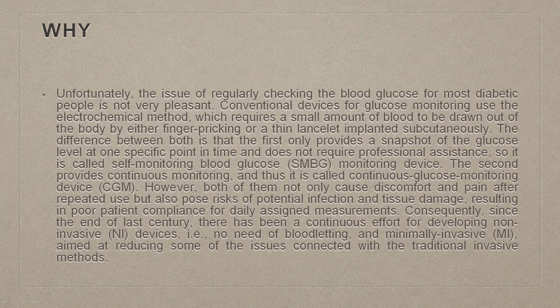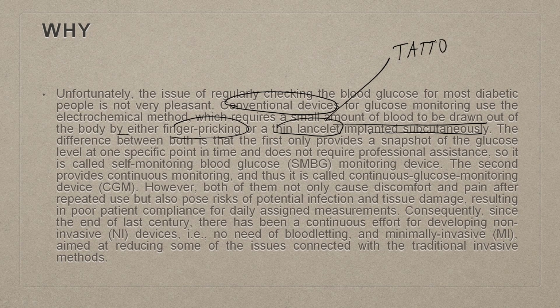Conventional devices for glucose monitoring use the electrochemical method, which requires a small amount of blood to be drawn out of the body by either finger pricking or a thin lancet implanted subcutaneously. If you remember the tattoo, this is the situation, and I have already talked about the finger pricking situation.